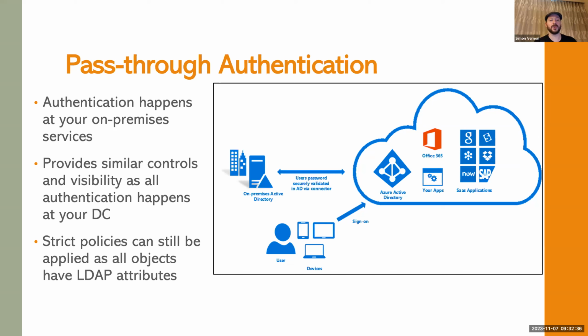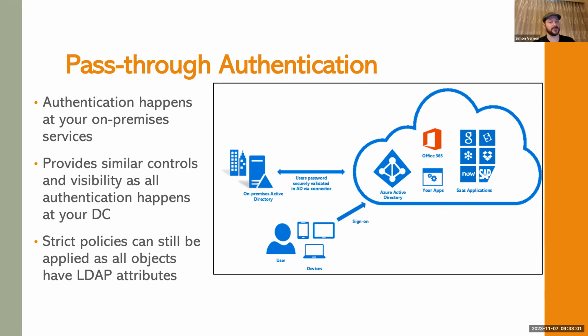We install it on a workstation or a server close by to the domain controllers to have access to the Active Directory domains. It's got to be on a domain joined server. And what happens is any authentication attempt against Entra ID is actually sent back to the domain controller and is processed by the domain controller as if that user was logging on to the corporate domain.